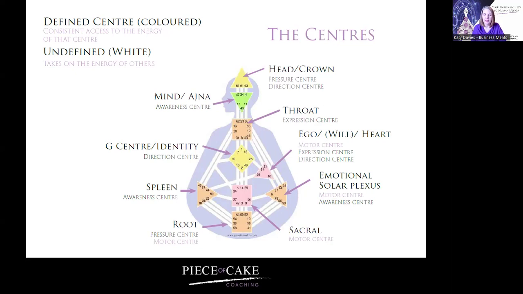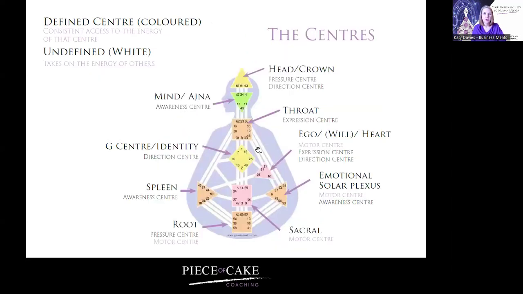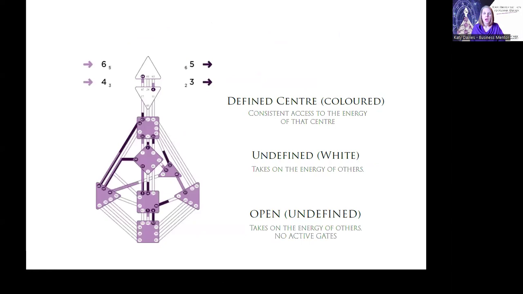The energy from the center is also relevant to the gate, as well as what planet it's in. So you can stop this, have a little look, have a little read. I'll repeat myself many times throughout these videos, because it takes a lot of little bits and bobs to learn.